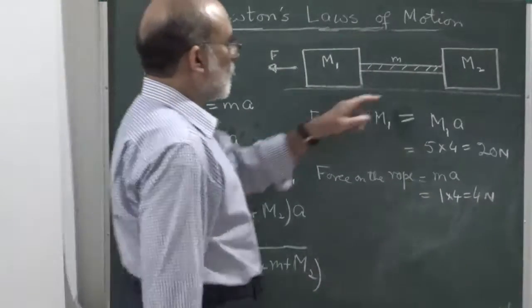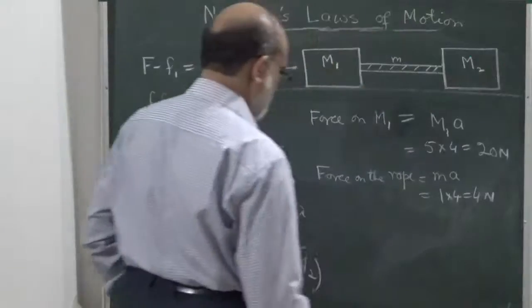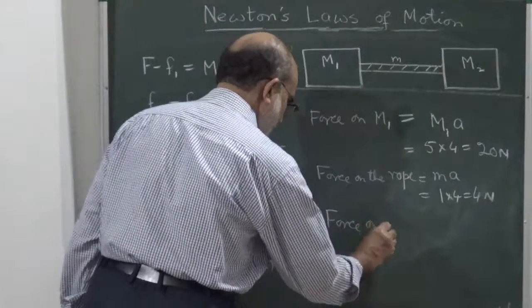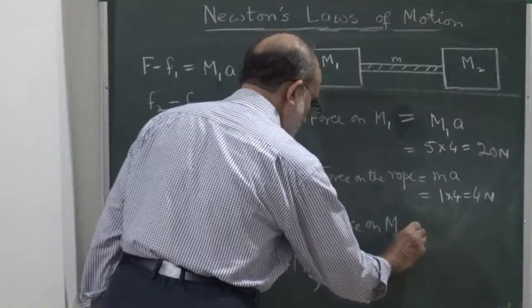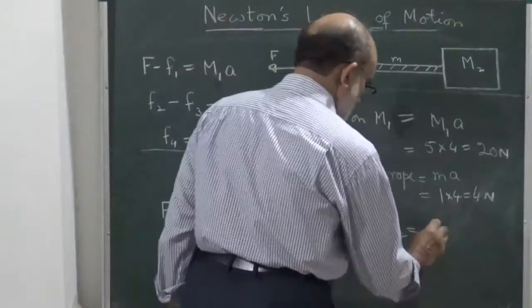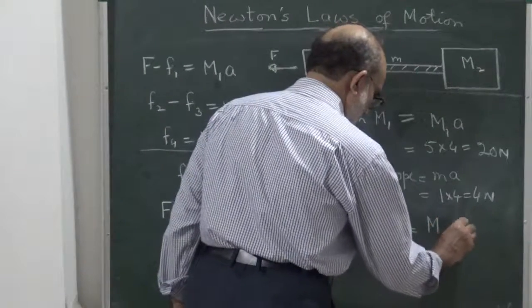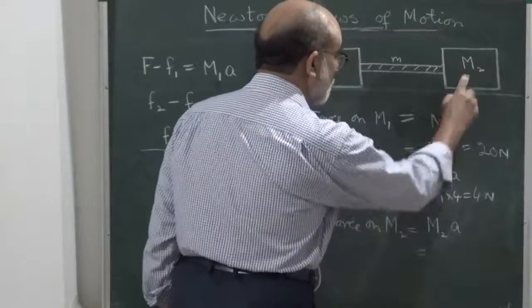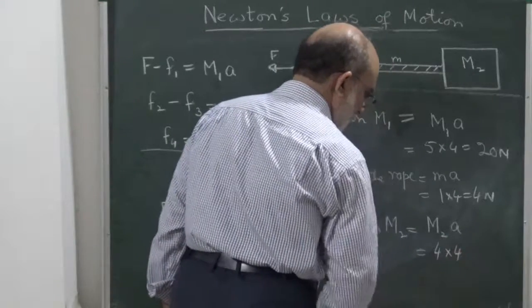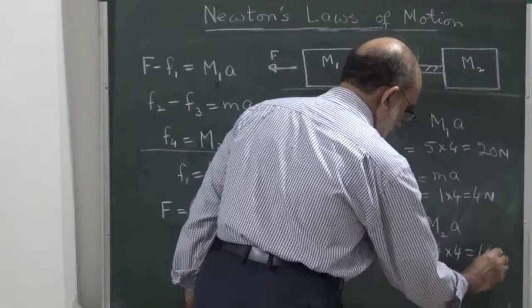And now the force on the block M2 is equal to M2A. M2 we have taken as 4 and the acceleration we have calculated as 4, so it is 16.